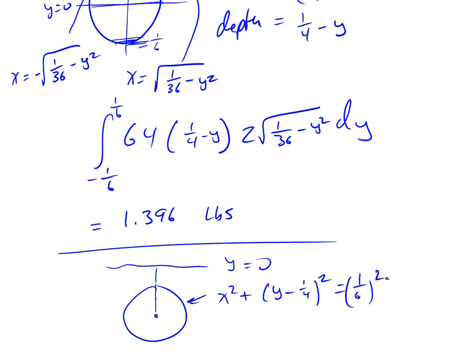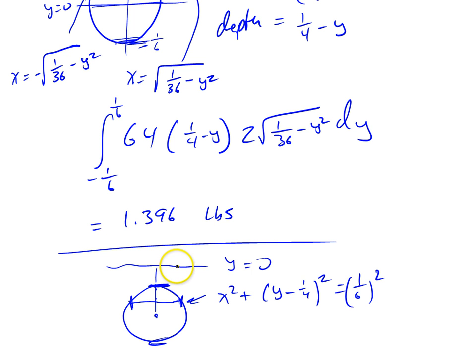Right? So when you're solving for that distance across, you need the x value on this side, the x value on that side. It's going to be 2 times the square root, but instead of having a y here, you're going to have a y minus 1/4. Also, the integral is going to be from whatever the y value is there to here.